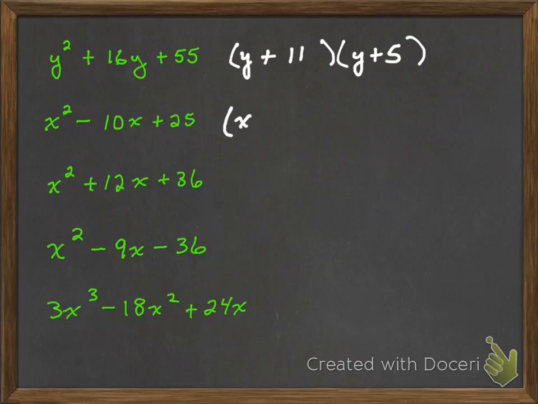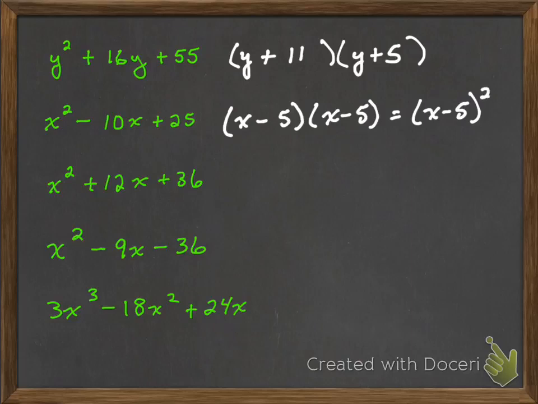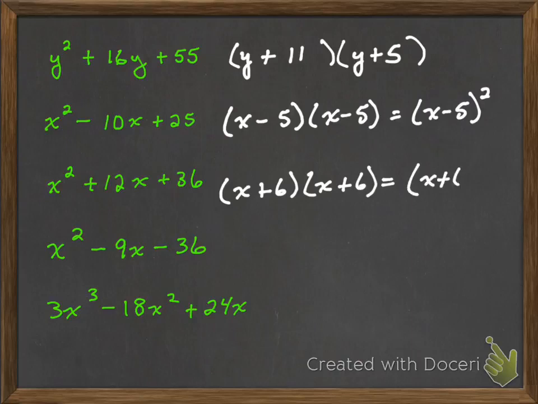Then we'll get x minus 5 multiplied by x minus 5, which is the same thing as saying x minus 5 squared, because we're multiplying something by itself. The next problem, same idea, x plus 6 times x plus 6, which will give us x plus 6 squared because you're multiplying that parenthesis together.